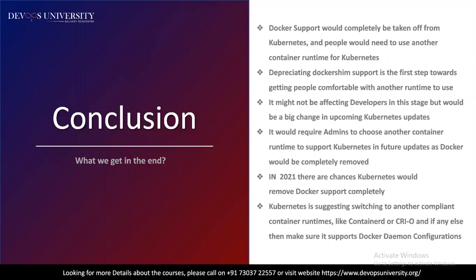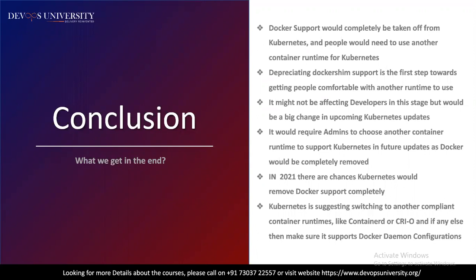In 2021, there is a chance that Kubernetes would completely remove Docker support. So we must be ready for that. It shouldn't be very shocking news, because they have already stated it. So soon in 2021 or later, we can expect that.